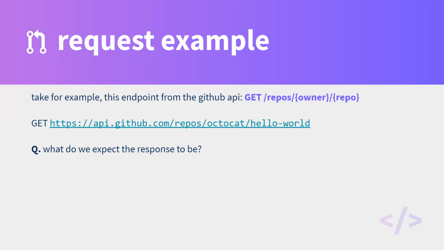So we're sending a request to the GitHub API for repos, and we're providing the owner and the repo. Code, README. Okay, those are some good answers.